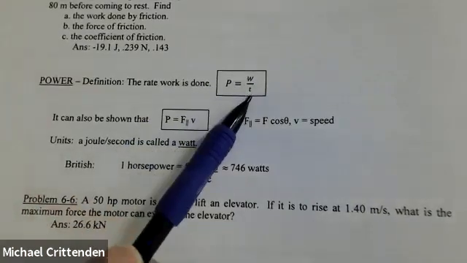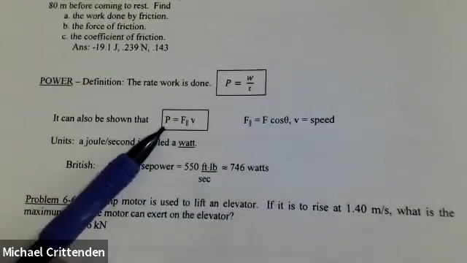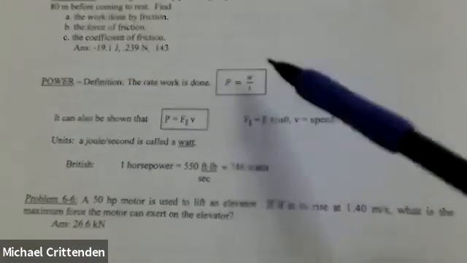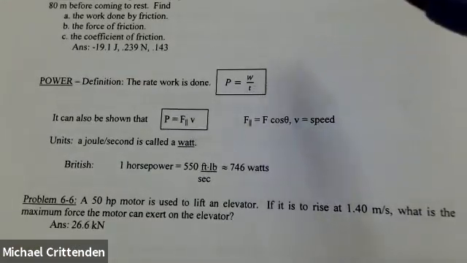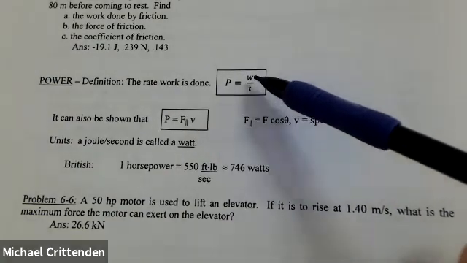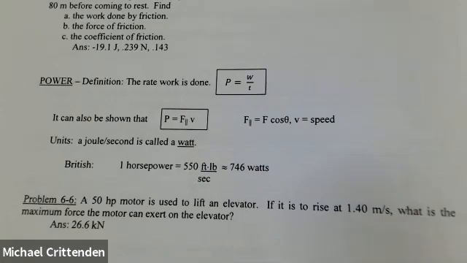So this applies to anything. This is a more specialized equation for mechanics problems. In the spring semester, when I'm talking about electrical power, we'll start with this again. And from there, you can get a specialized formula for power that involves voltage and current.